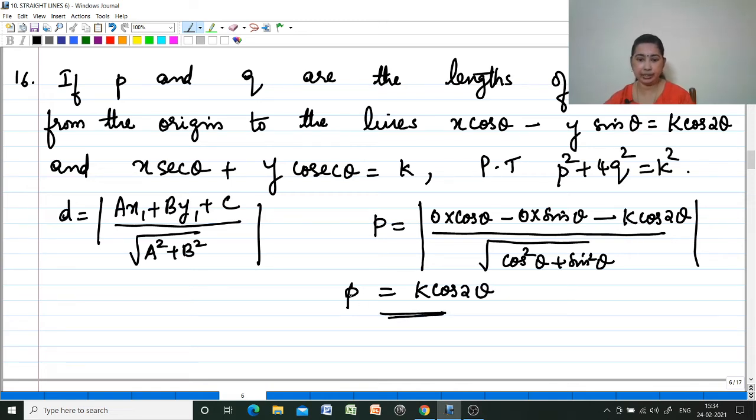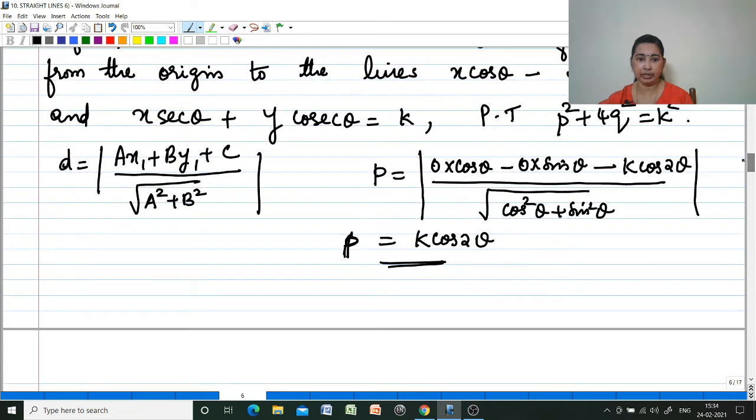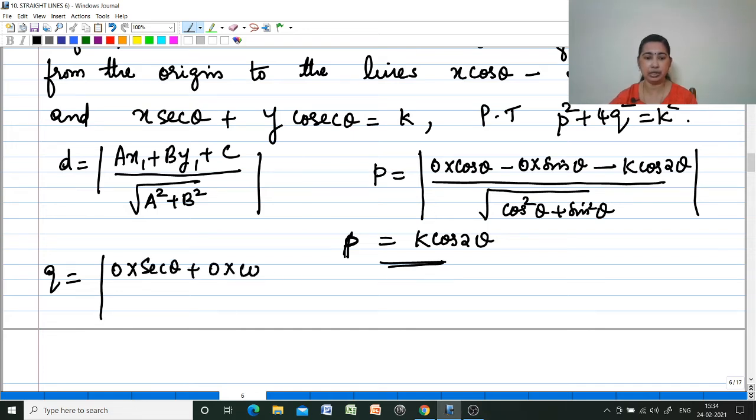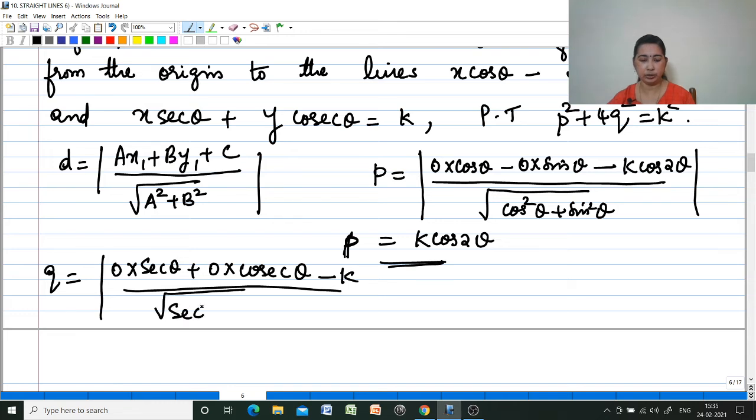Again it is given that Q is the perpendicular distance from the origin to the second line. So what can we write? Q is equal to modulus of 0 into sec theta plus 0 into cosec theta minus k divided by root of sec square theta plus cosec square theta.